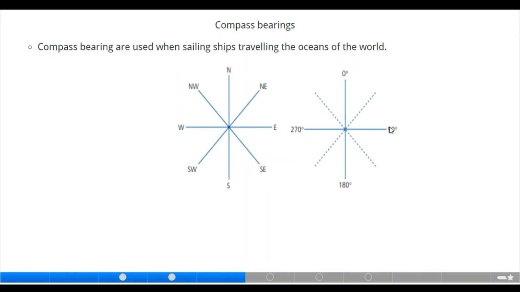From east to south we have 180 degrees. From south to west, we are going to have another 90 degrees plus 180, that makes 270 degrees. From west back to the north, we read another 90 degrees, and that makes 360, which completes the clockwise revolution.